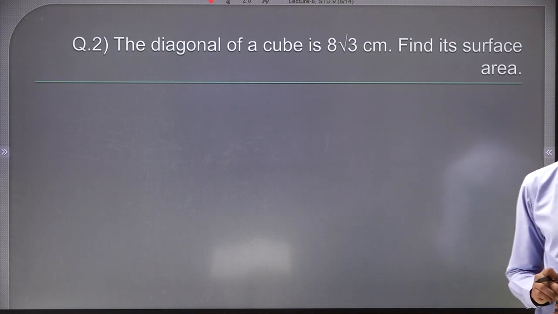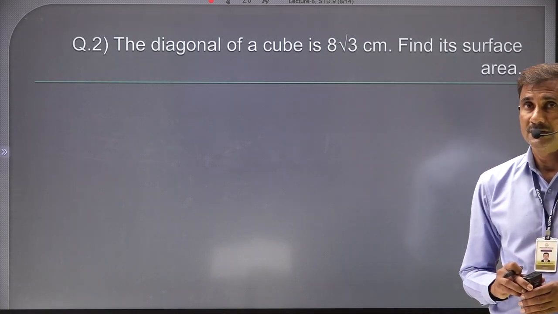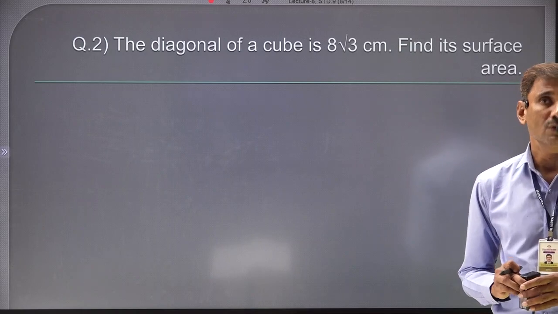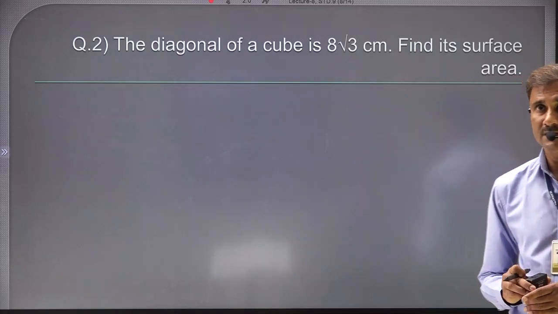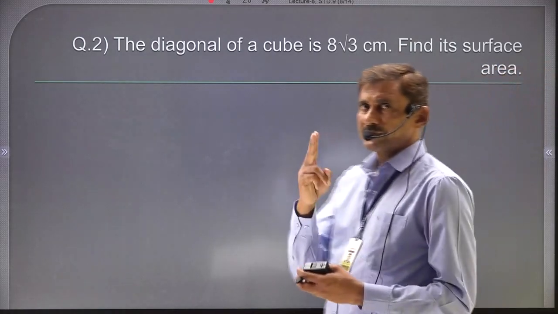If only surface area is written there, you understood it is total surface area, not lateral surface area. So first of all, we have to find A only, means the side of the cube. Then we will find the surface area. So it will be a two-stage sum.